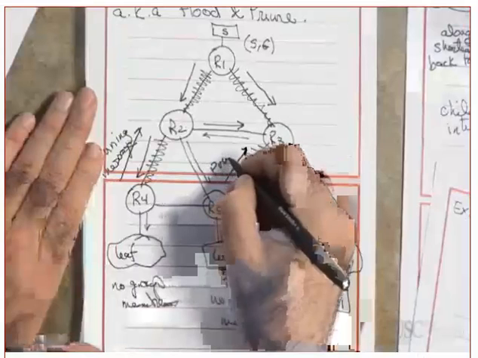Now, let's see how it works here. Say R4 is chosen as a router, or as root, or rendezvous point.